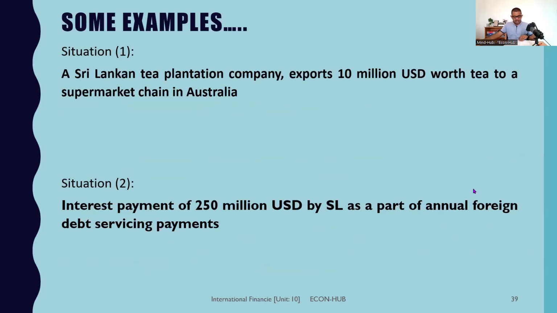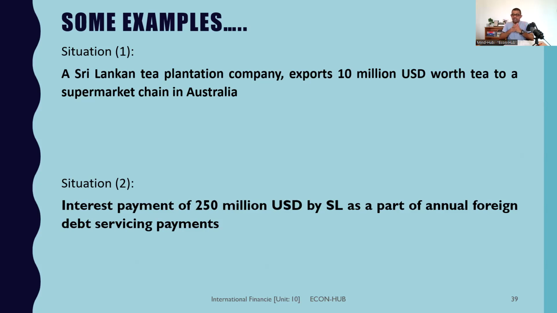So situation 1, I think we did this in class. Am I correct? Yeah, we have done. A Sri Lankan tea plantation company exports 10 million US dollars worth of tea to a supermarket chain in Australia.